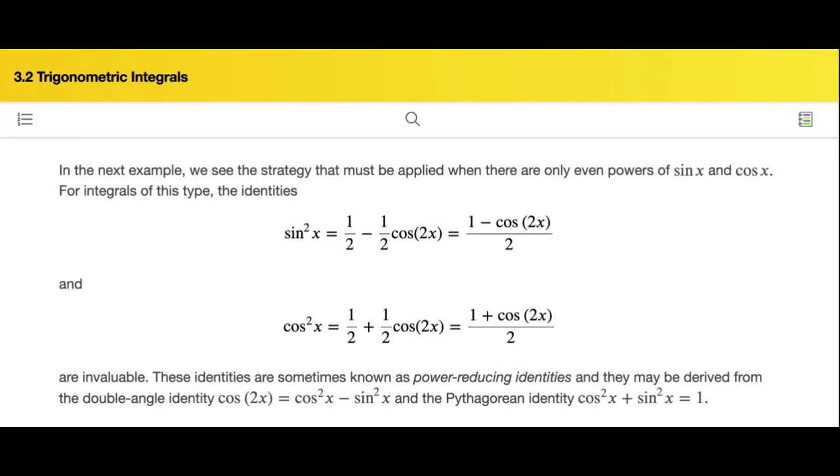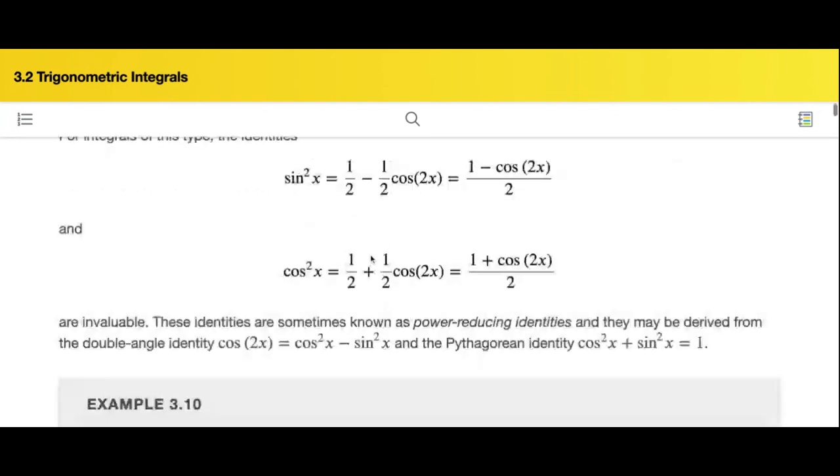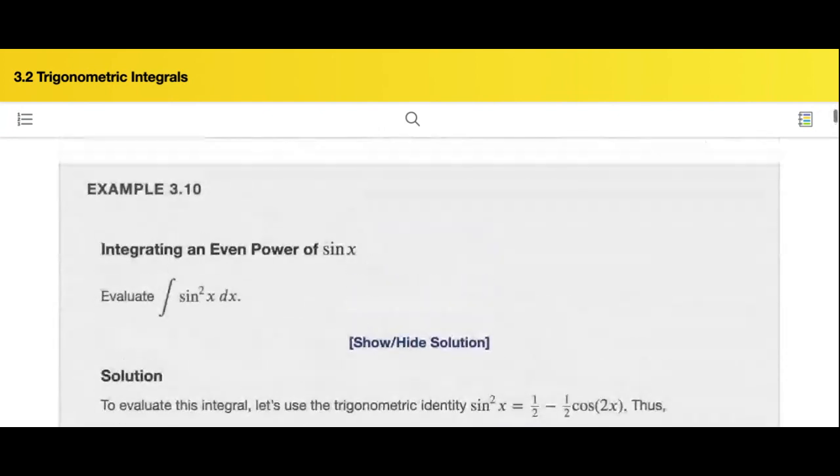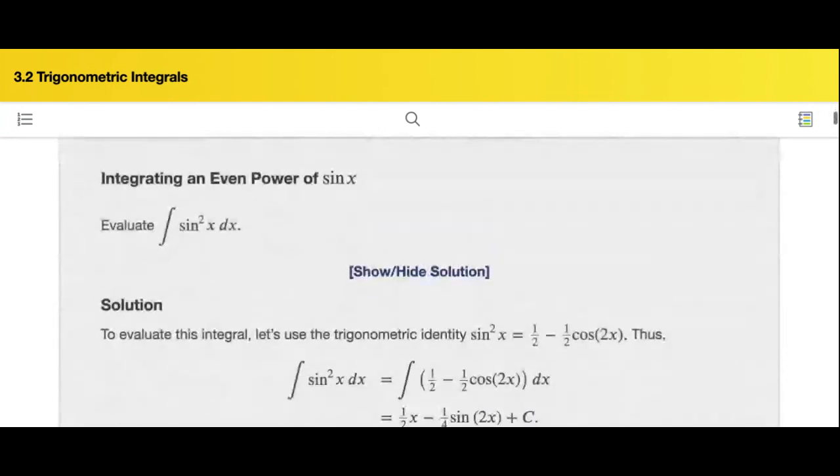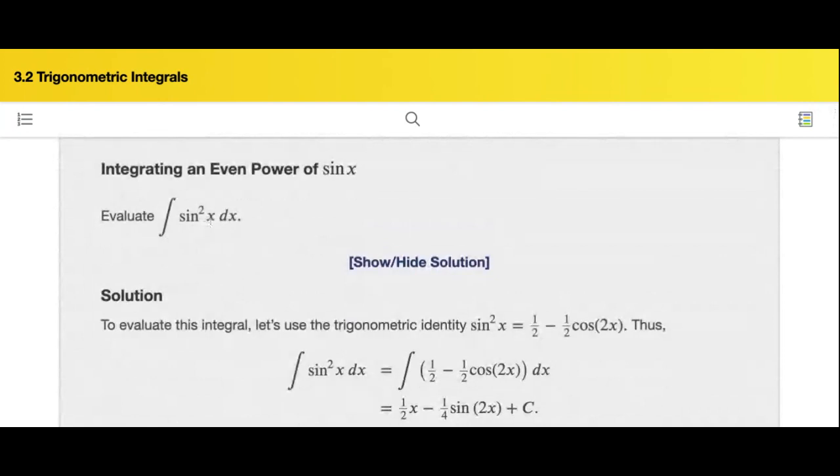In example 3.10, it was changed to be... Hold on a second. This one is sine square x, right?